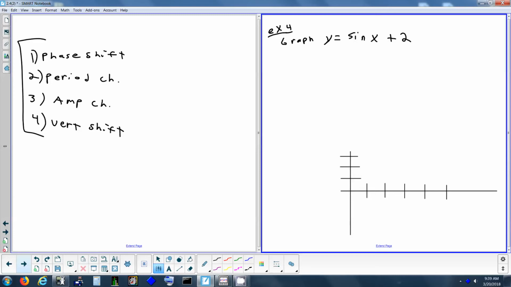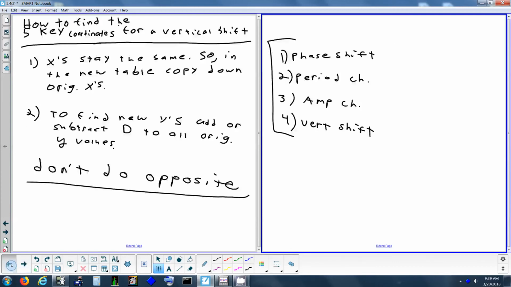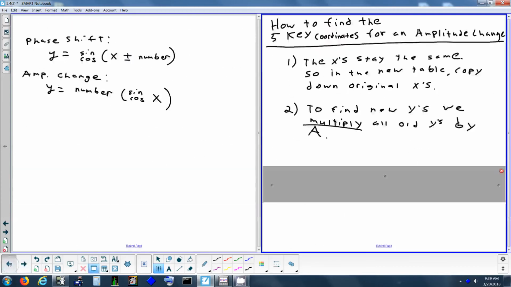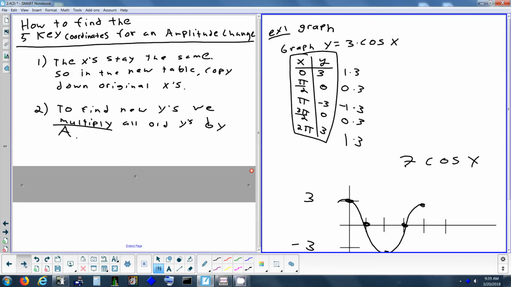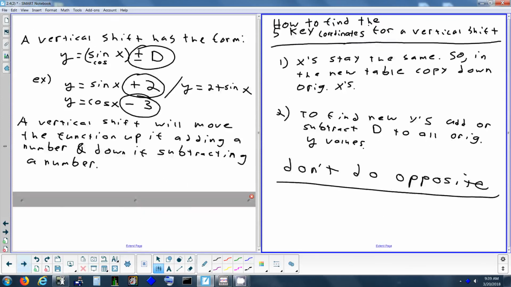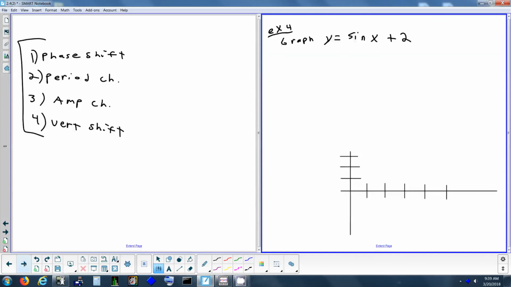For it to be a phase shift, if I just go back to what we had right here, for a phase shift, the x and the number have to be grouped together. In this case, they're not. The number is outside, not grouped with the x. Okay, so I agree with Emma. It is a vertical shift.